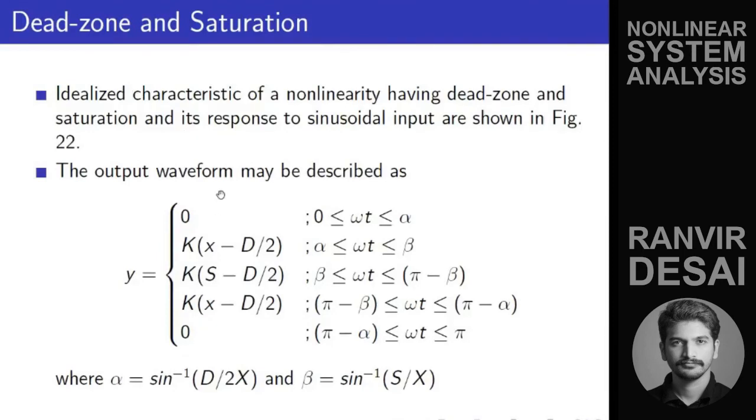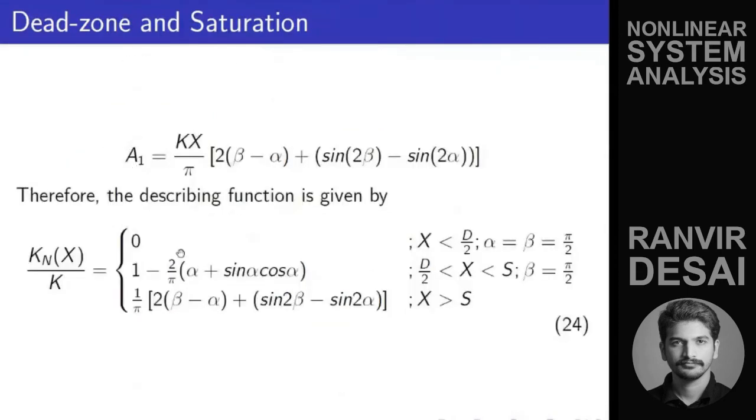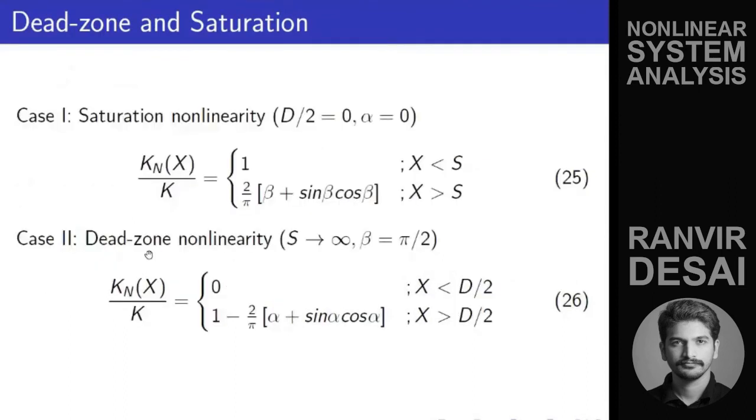So that dead zone and saturation function is written here. Then for this you find a replacement. For each region you find the replacement, and you get a function. This is only for saturation, this is only for dead zone.